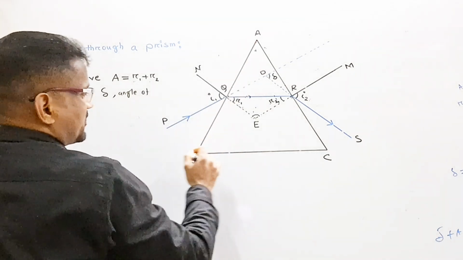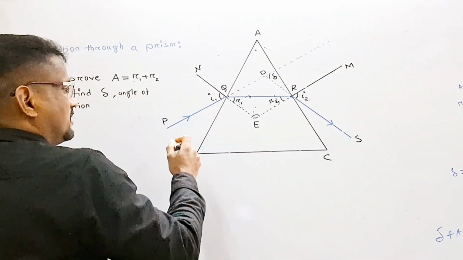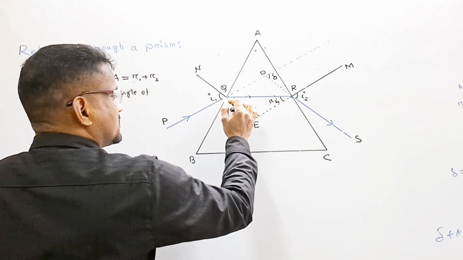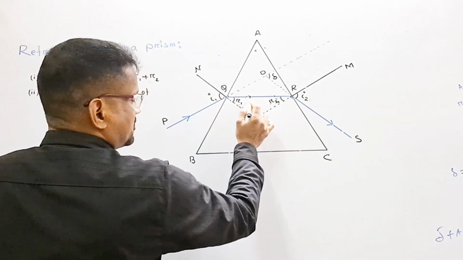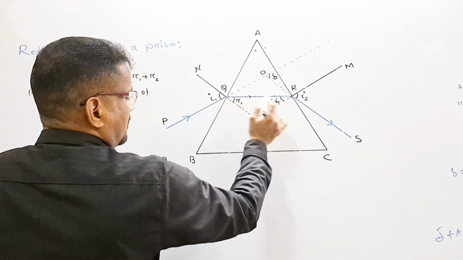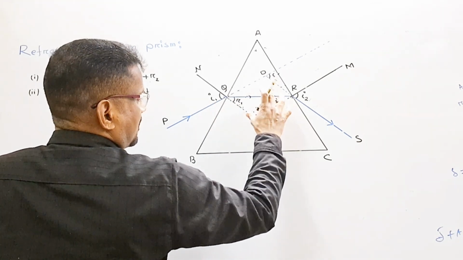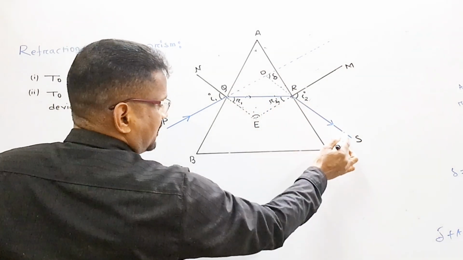For that, simply draw a triangle which represents a prism, and then PQ is the angle of incidence, and when it enters through the prism, it will be deviated this way, and finally when it comes from the prism to the air medium, it will again be refracted.